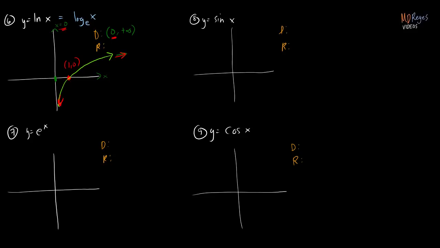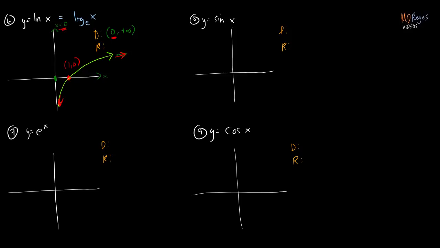Now for the range, as you can see, the graph goes all the way up as it goes to the right. And then it goes all the way down as it comes closer and closer to the y-axis. Based on the graph, the function will cover all the numbers on the y-axis as it goes up and down.